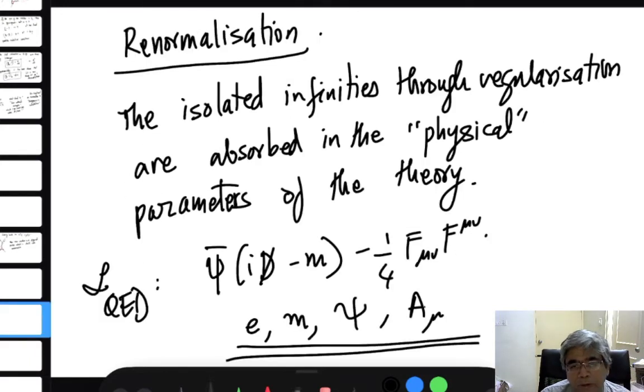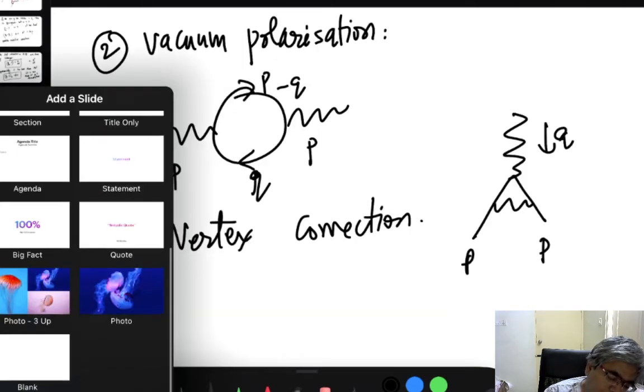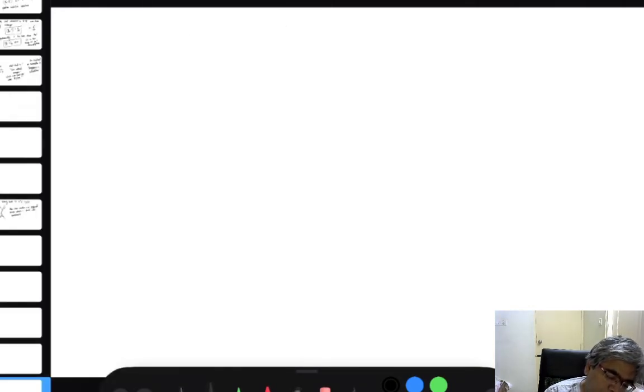So you absorb the three infinities by defining new quantities. For example, E goes to some Z E. Let's just start with psi.